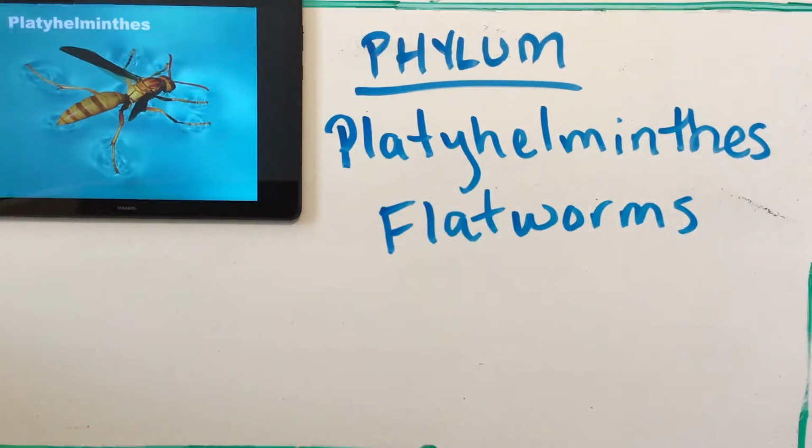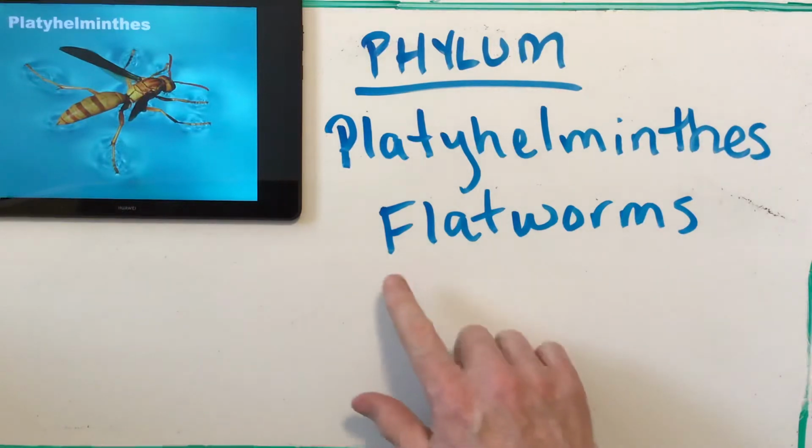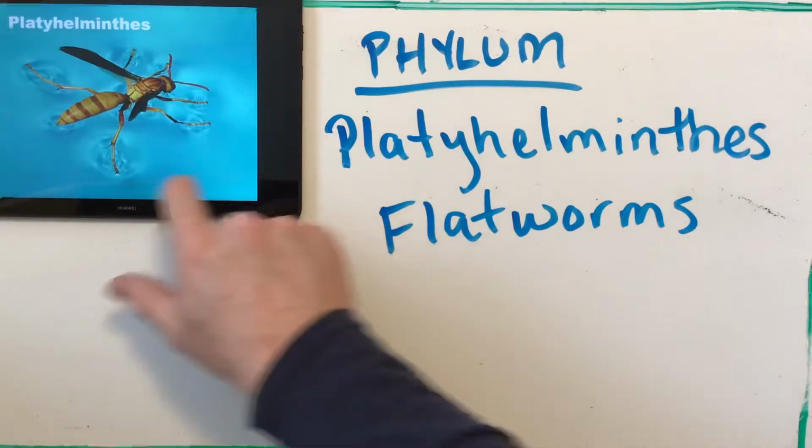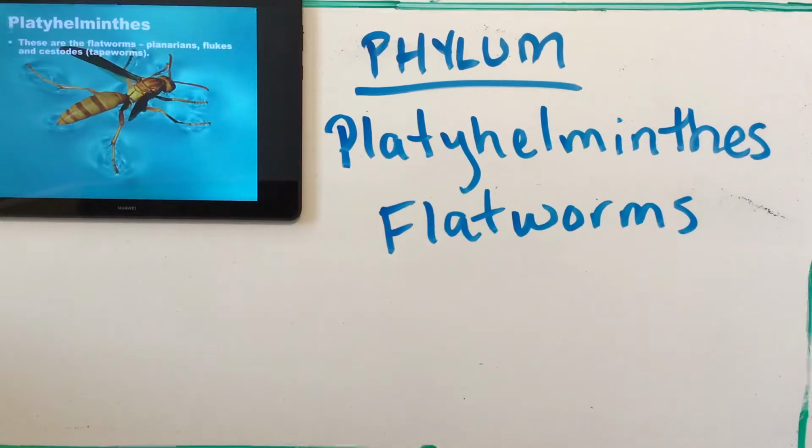Platy means flat. That's why platypus basically means flat face. So these are the flatworms. So these things are planarians, flukes, and cestodes. Cestodes are the group of Platyhelminthes that make up the tapeworms. We'll talk about those a little bit.